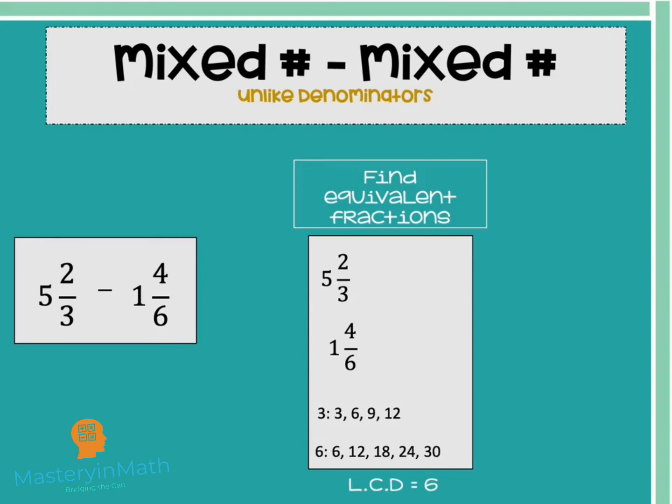You find your LCD, which is equal to 6, and ask yourself, 2/3 is how many sixths? 2/3 is 4/6, and 4/6 is 4/6. Keep your whole numbers. We're not working with them as yet. You work with your whole numbers at the end when you're done with your fraction.